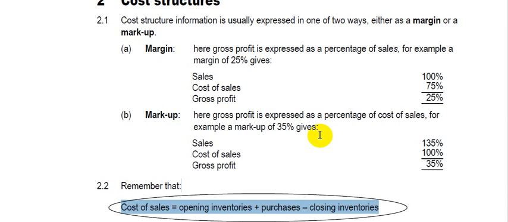Look out also when you're doing published accounts where you're given the trial balance and some notes, and you have to compute the gross profit. Most times the cost of sales will not be given and you need to use this formula.